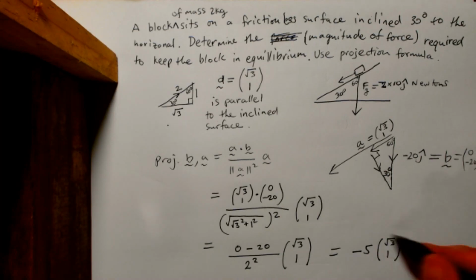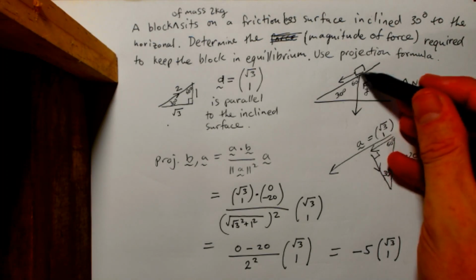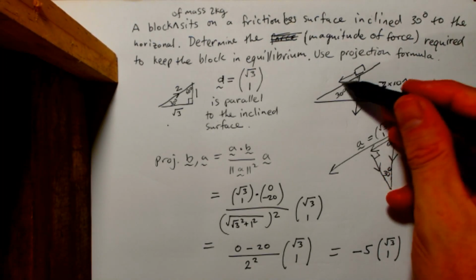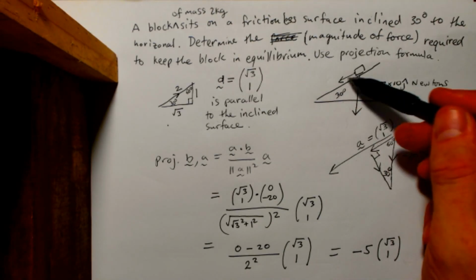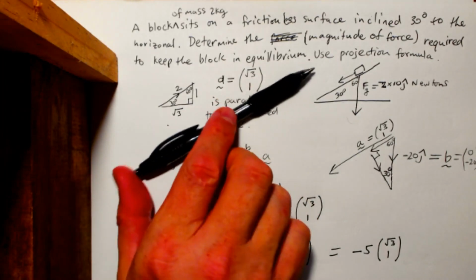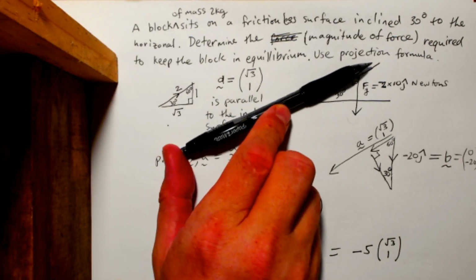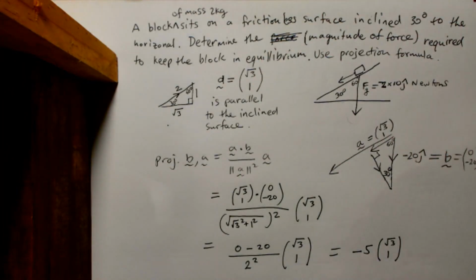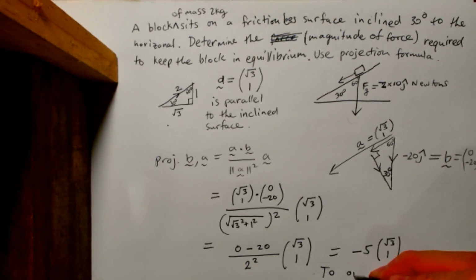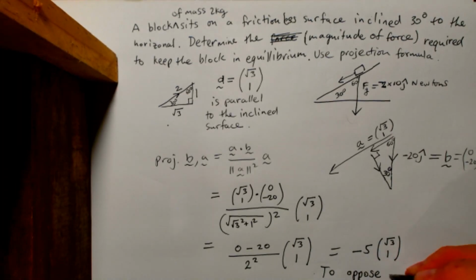Okay, and now if you look at this and take the magnitude, this is the projection of B onto A, which is the vector right here that we're after. So if I'm to determine the magnitude of force required so that I could push against this and keep that in equilibrium, I have to oppose that. So to oppose, apply the opposite force, which would be 5 root 3, 5.